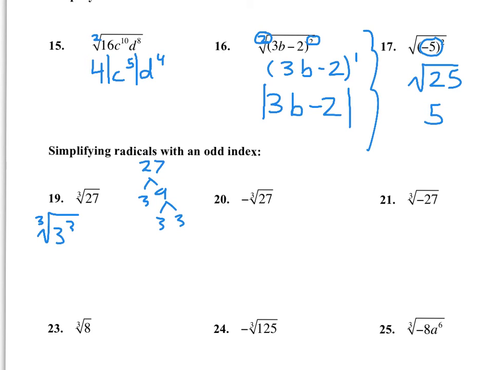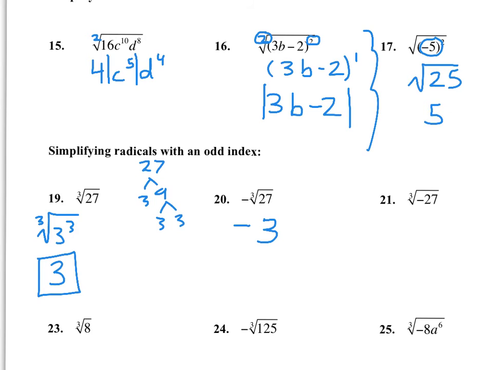And again, you could just divide the inside exponent by the index. You get 3 to the first, and I'm not going to write the exponent of 1. On the last problem, we just saw that the cube root of 27 is 3. So this one will have the same answer, but then that'll go with the negative that's already there.